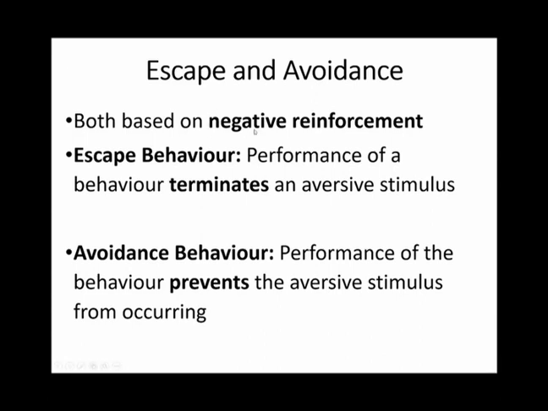So a negative reinforcement is that you're going to take away something bad so that the situation becomes better and the animal is going to be more likely to do the behavior that got rid of the bad stimulus. So we're going to start with escape behavior. We'll talk very briefly about avoidance, and then each of them gets their own slide where we can talk through the process in some more detail.